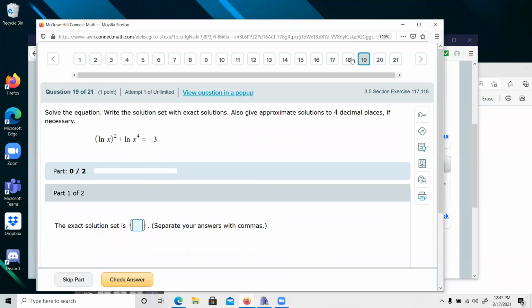So 18, 19, 20, 21. We might go back and do 18 to 19 tomorrow too. But make sure you're practicing problems that look like this, because those are the problems I like to pick. I know they're the slightly harder ones, but this is the usual kind of thing you're going to be dealing with. So it's good for you.